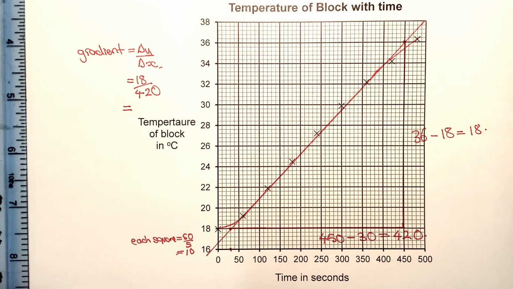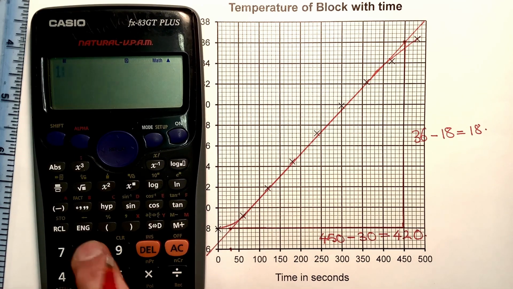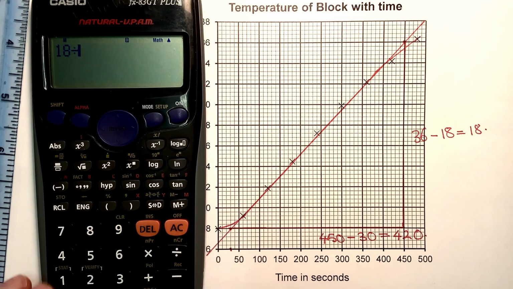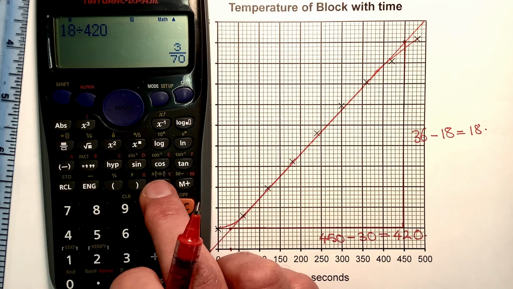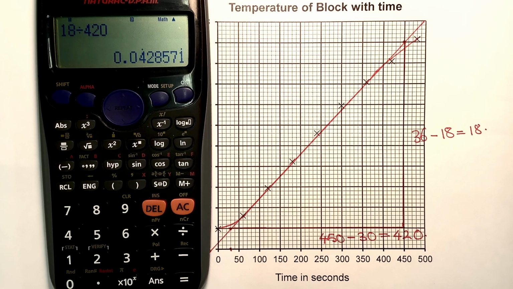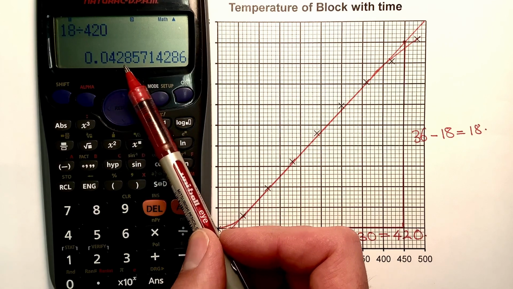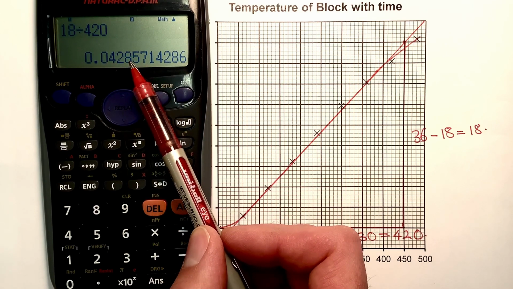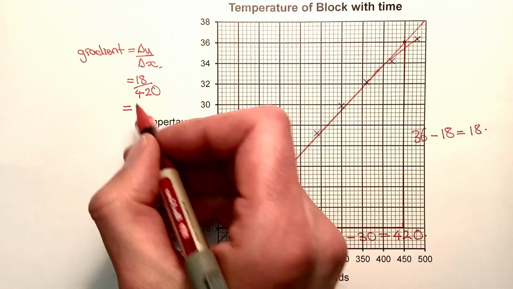So I'm going to put in 18 divided by 420, press equals, and to get it as a decimal, I'm going to press the S to D button, and it gives me 0.428, and I think I'm going to round that to 0.043. So I'm discarding the 8, so it's bigger than 5, so that rounds up to 0.043.